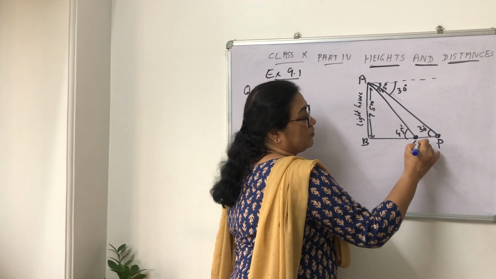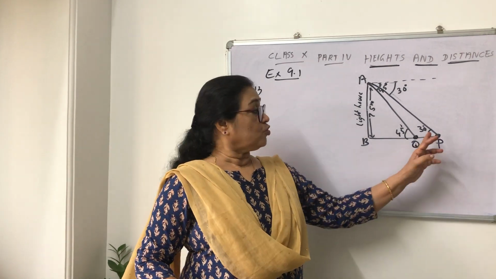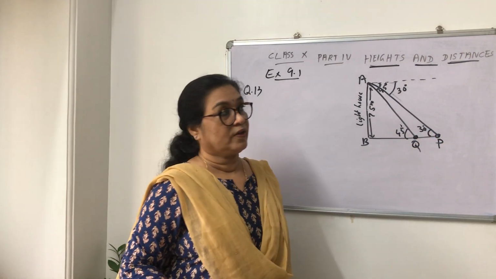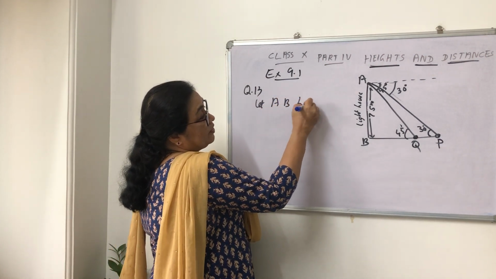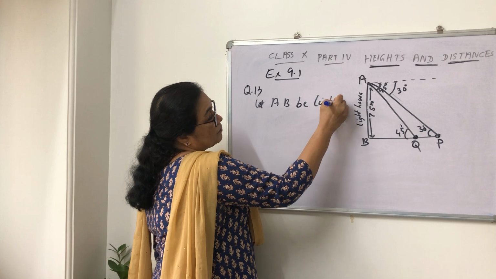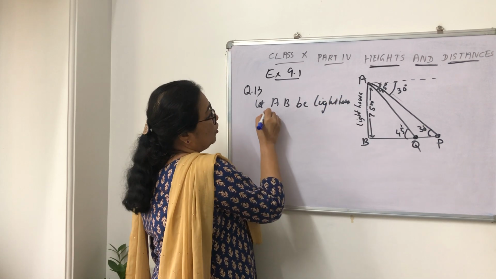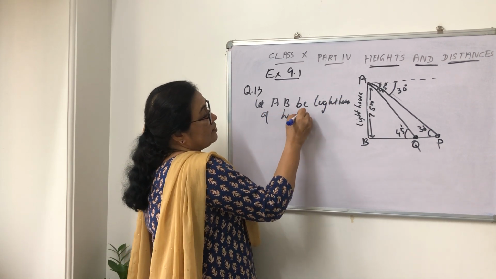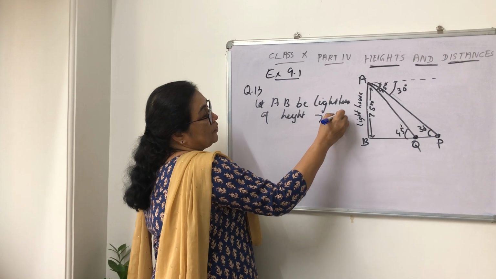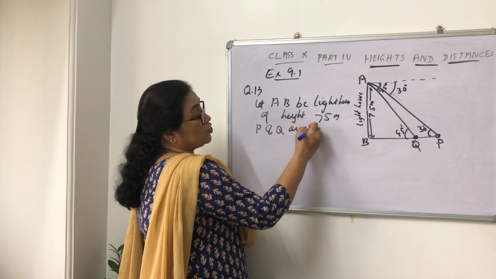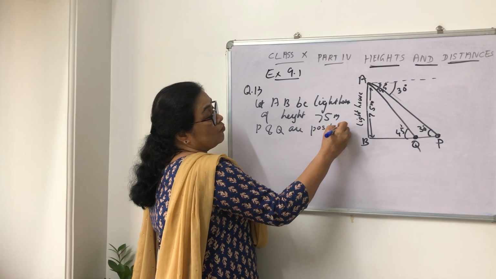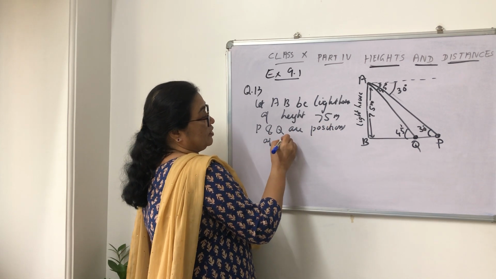The positions of the ships are P and Q. So let AB be the lighthouse of height 75 meter. P and Q are the positions of the ships.